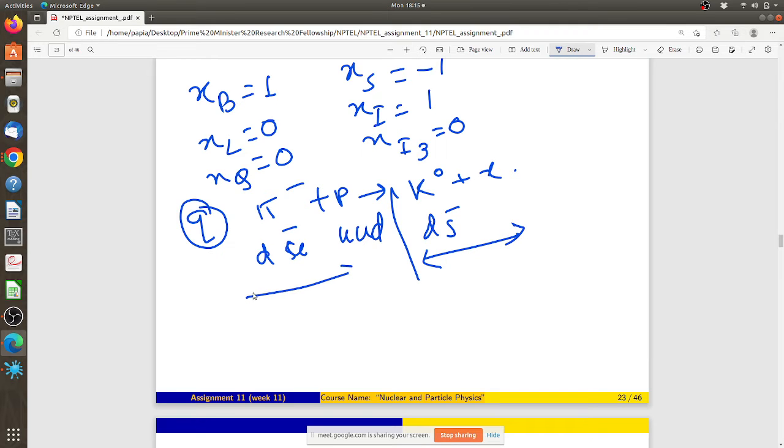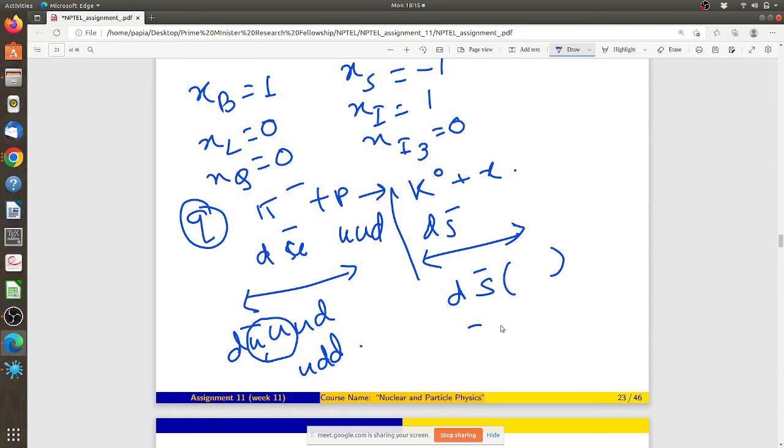On the left hand side, d u bar u u d, the u bar cancels one u, so u d d will be the left hand side resultant. Here d s bar is there, so s should be in X because there is no s on the left. So s u d will be the quark content of X.